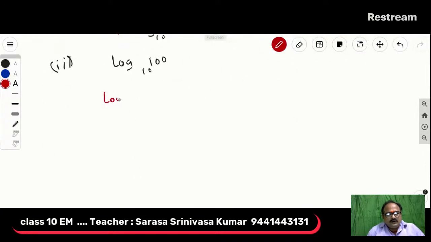Now log 100 to the base 10 is equal to log 10 square to the base 10.